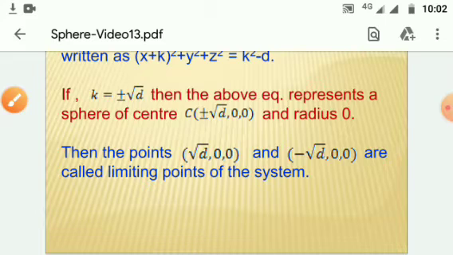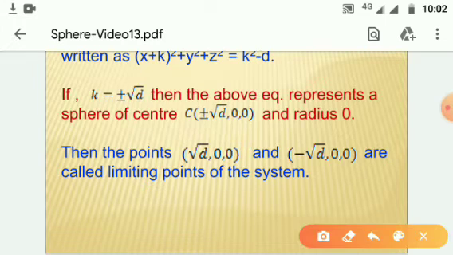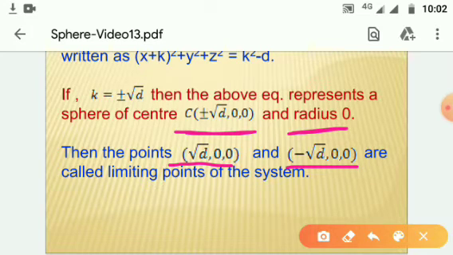So the centers of these pairs with radius 0 are plus root d 0 0 and minus root d 0 0. So these two are point pairs because radius of these two is 0, and hence these two are point pairs of the coaxial system.